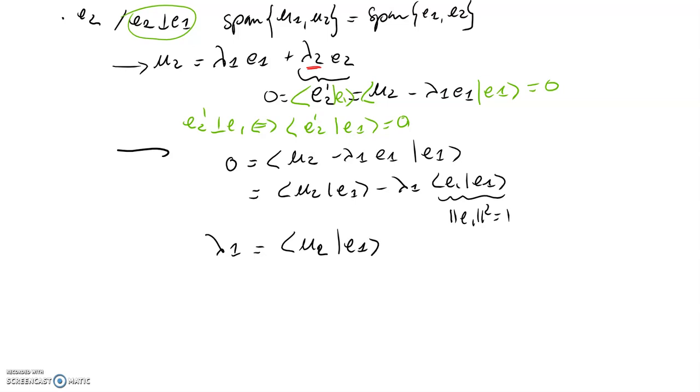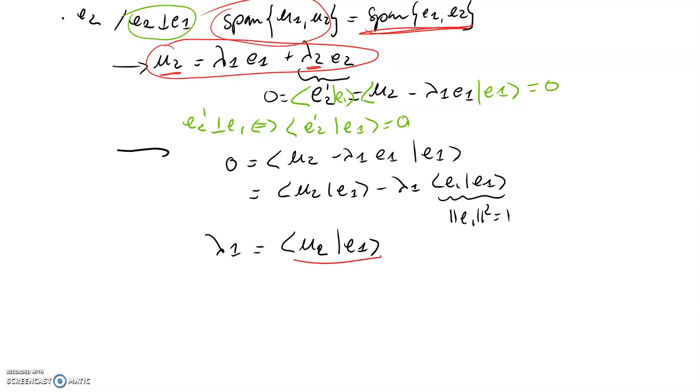Which is not very surprising now you come to think about that, because what we have written here is that if indeed E1 and E2 make some kind of orthonormal basis of this span, and this span is the same as that one, then lambda 1 and lambda 2 would be the components of U2 in that basis. Okay, and you already know that the coordinates in an orthonormal basis are given by this scalar product.